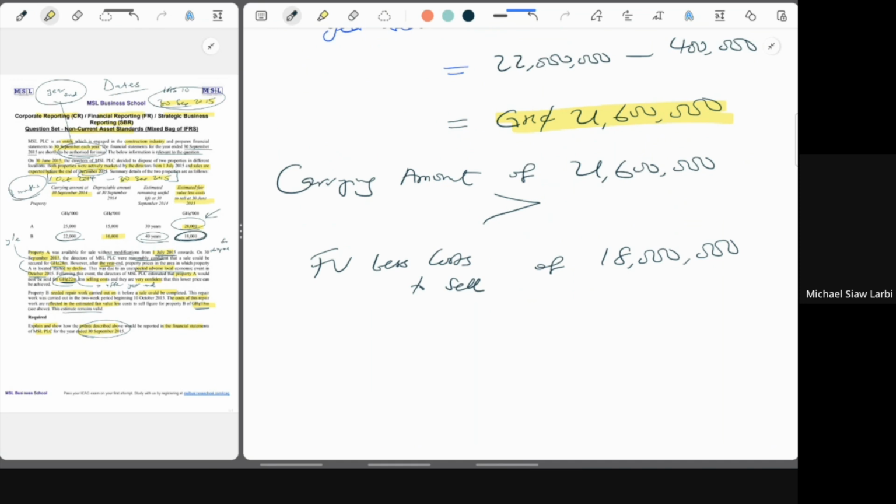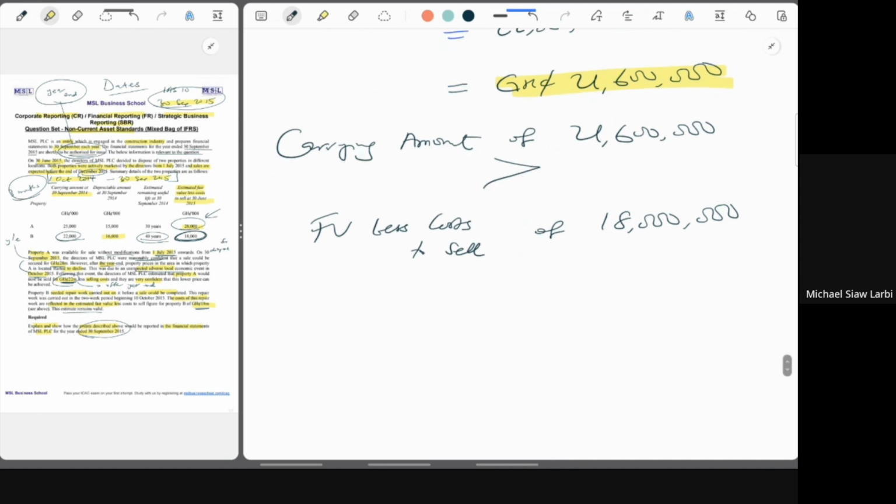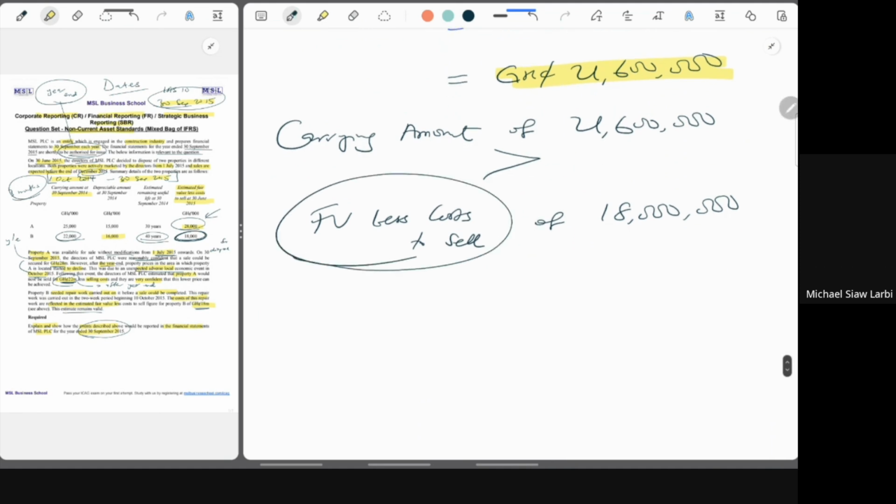So you expect the fair value less cost to sell to be a more reliable estimate of the recoverable amount than the value in use, because value in use, as the name implies, is the discounted present value from continuing use of the asset and eventual sale, if any, right? So despite the fact you don't have any value in use, this is probably the most reliable indicator of the recoverable amount.